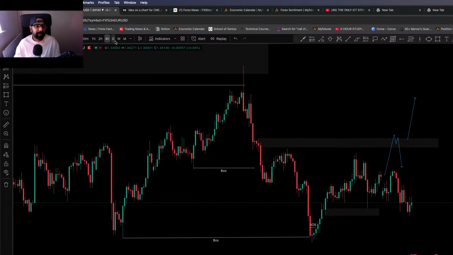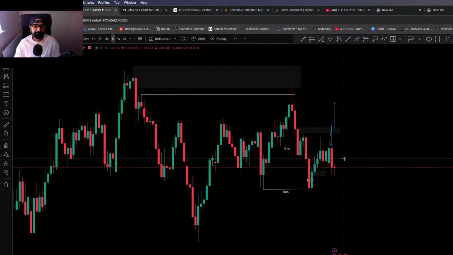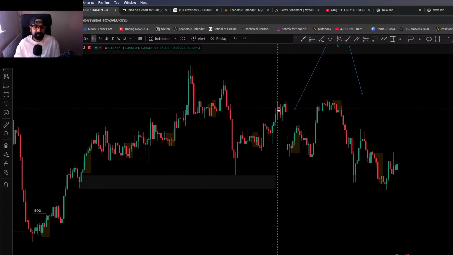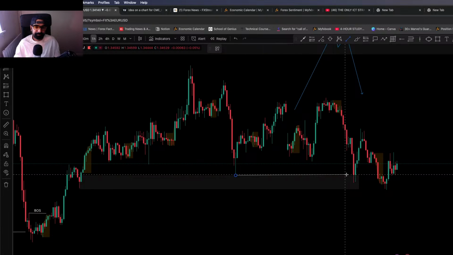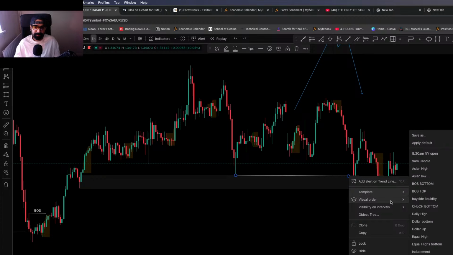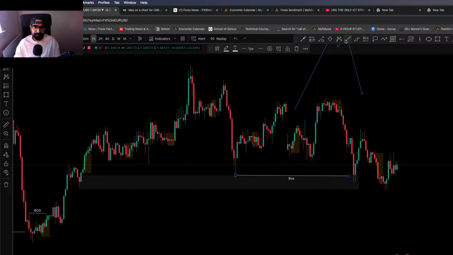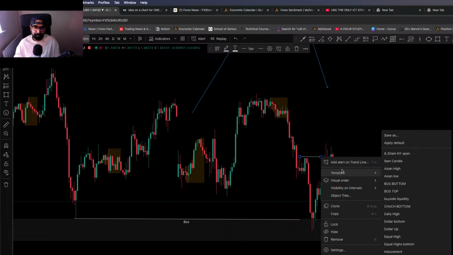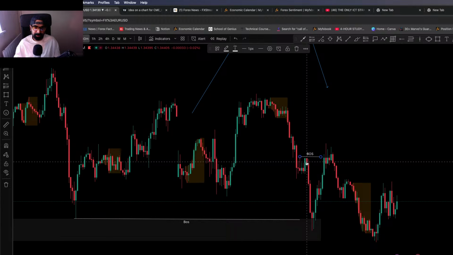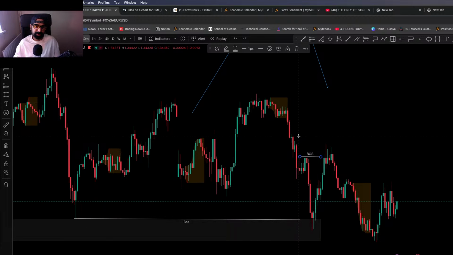All right, Pound USD. Okay, this is a nice pattern here, but you get a low taken out. You can go to this one or that one, but this is the high, so I just put that there.